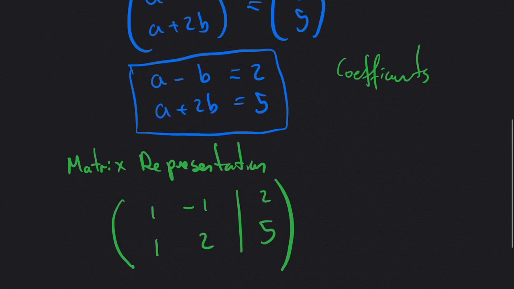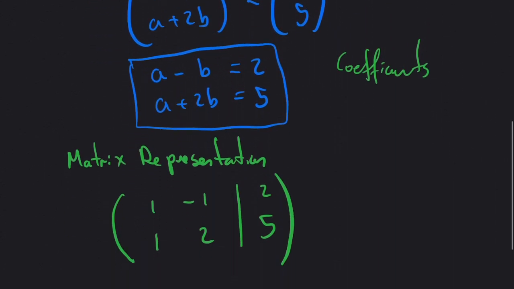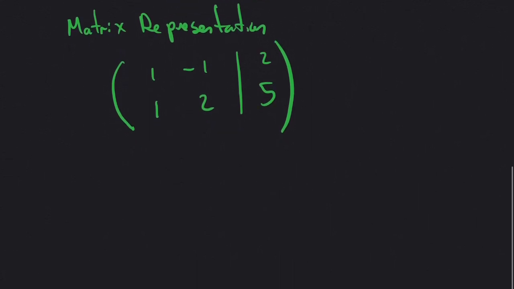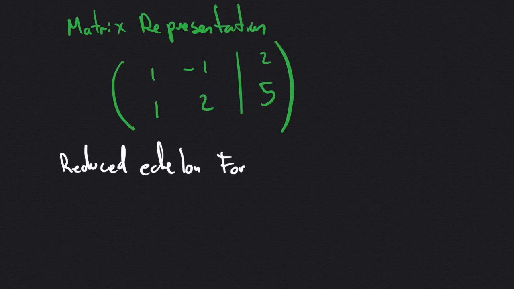So all these three different representations represent the same system and the same problem, which was to find the actual values for these scalars a and b. So I can use the reduced echelon form in order to find a and b.